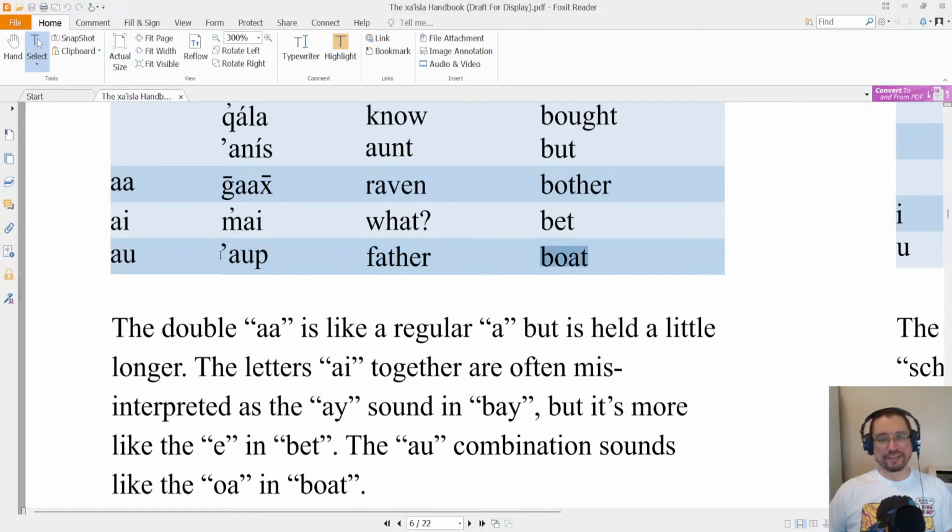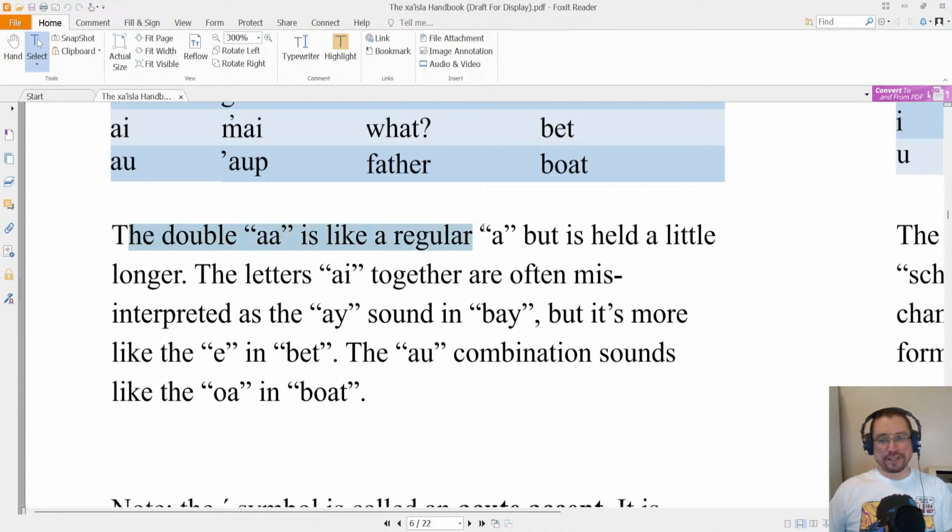But again, it's not exactly like that. So this is an O sound, boat. This is aw, op. Op, boat. So listen for the difference. It's very subtle, but it's there. You should be able to hear a difference. So the AU always sounds like aw. It doesn't sound like O.